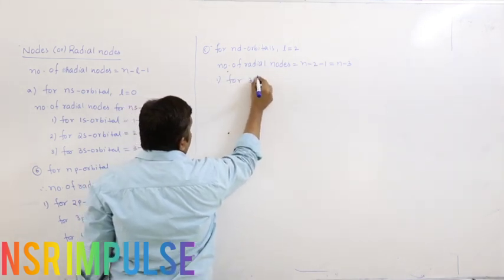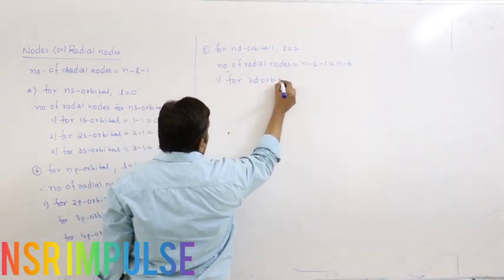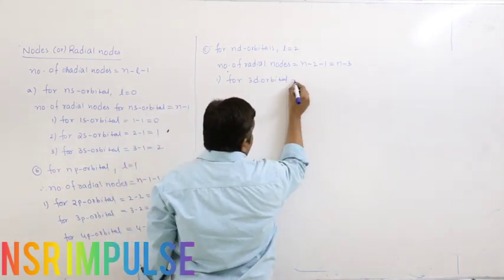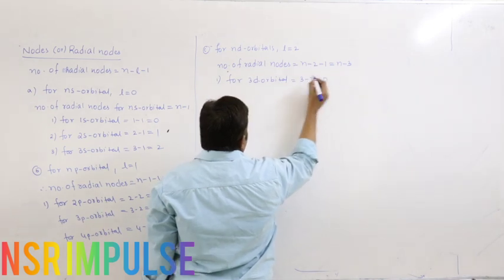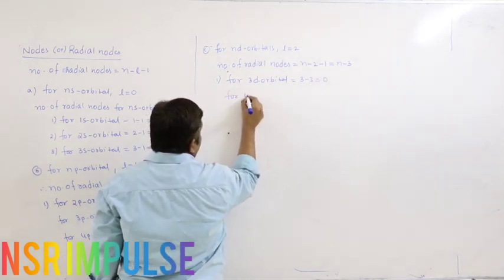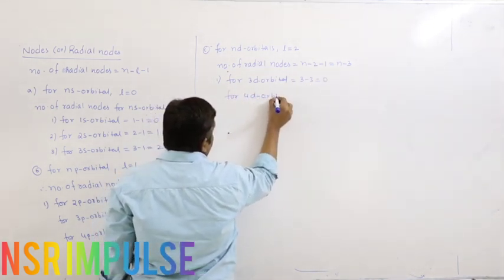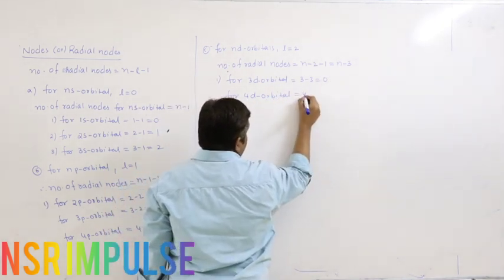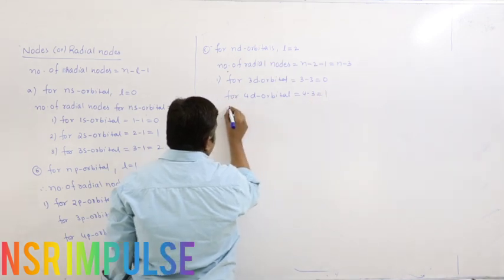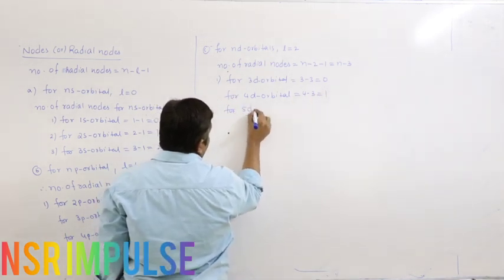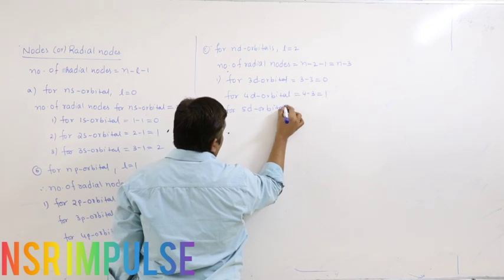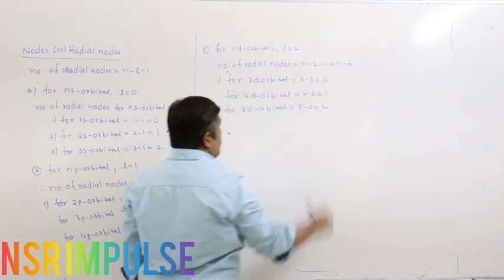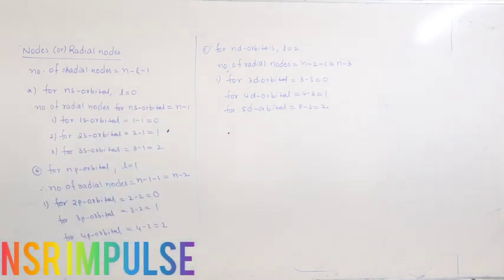For the 3d orbital, what is the n value? 3. 3 minus 3, 0. For the 4d orbital, what is the n value? 4. 4 minus 3, you will get 1. For the 5d orbital, 5 minus 3, 2. So this is about radial nodes.